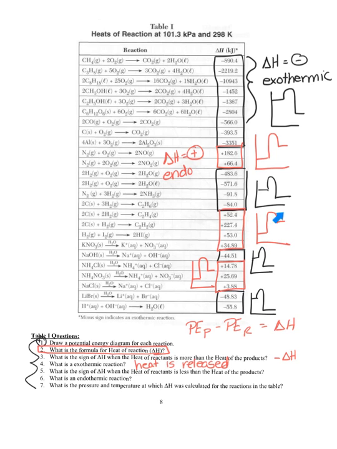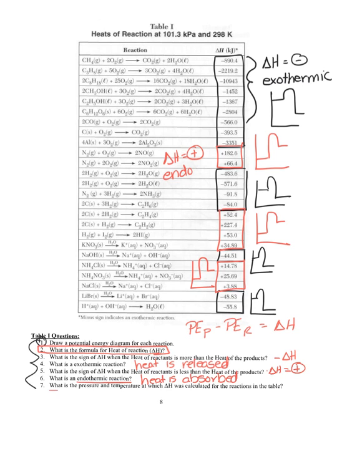So what kind of graph is this? This is an endothermic graph. So this is endothermic, and the delta H is going to be positive in an endothermic graph. What is an endothermic reaction? Heat is absorbed. Heat is going in.